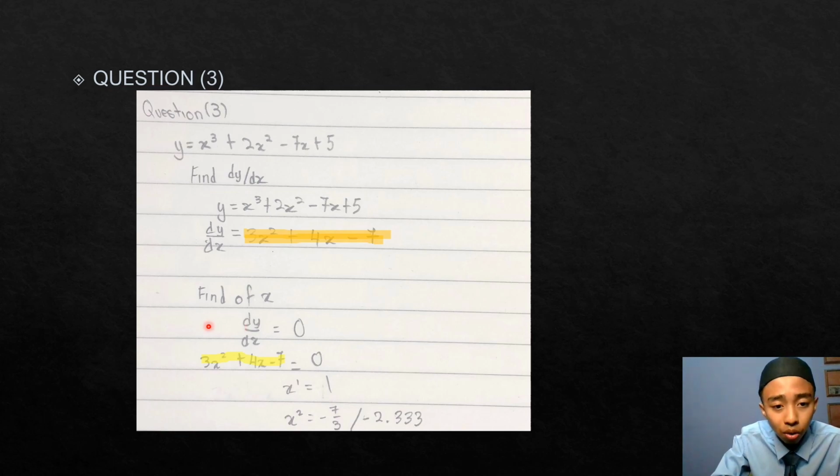Second, find the value of x when dy/dx equals 0.